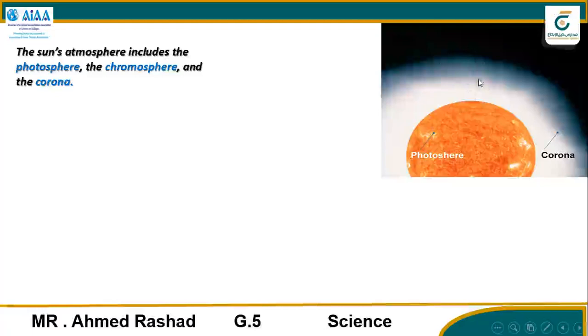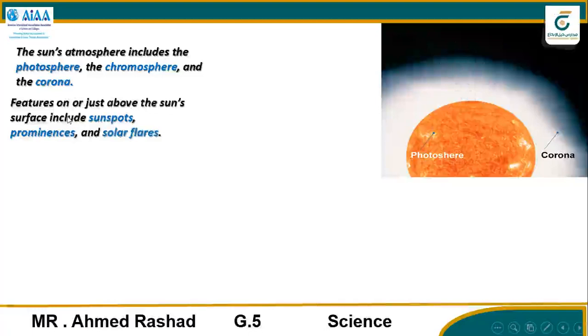It extends a large distance, with features on or just above the Sun's surface, including sunspots, prominences, and solar flares.